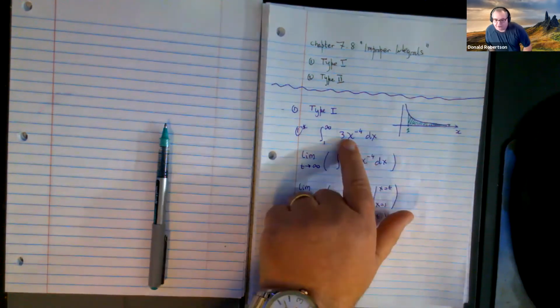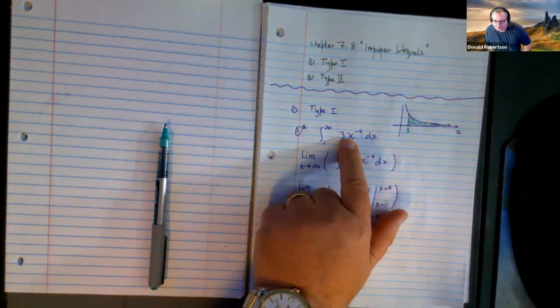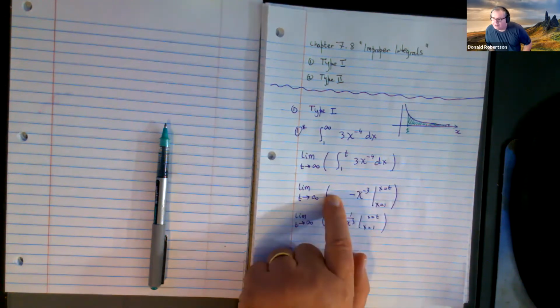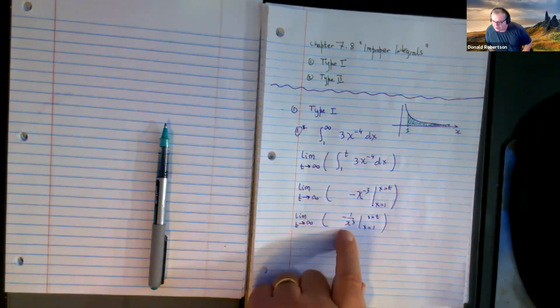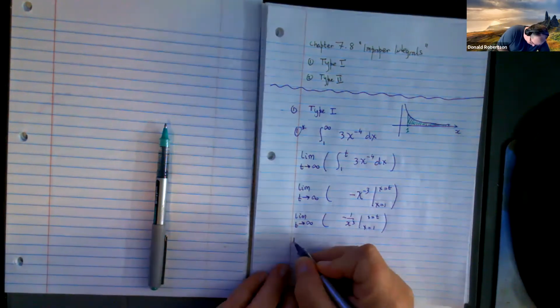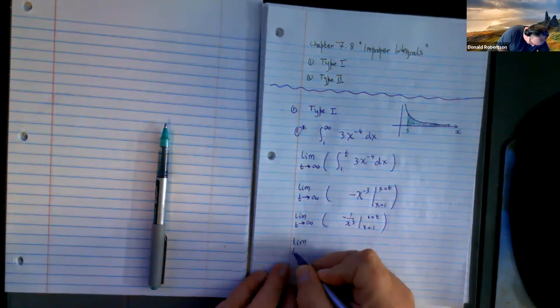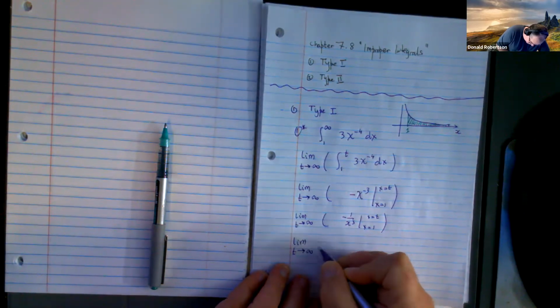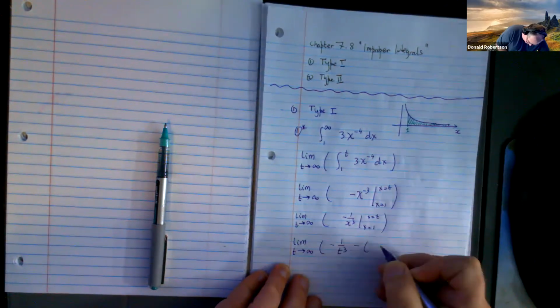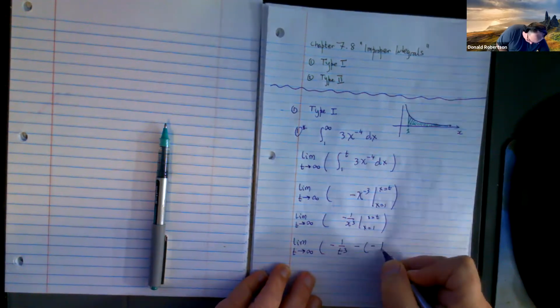Technically speaking, since the integral was negative powers, it's mathematically totally okay, but I'm changing into this fraction, and I'll explain in a little while why. So it's going to be the limit as t tends to infinity of negative 1 over t cubed, take away negative 1, essentially.